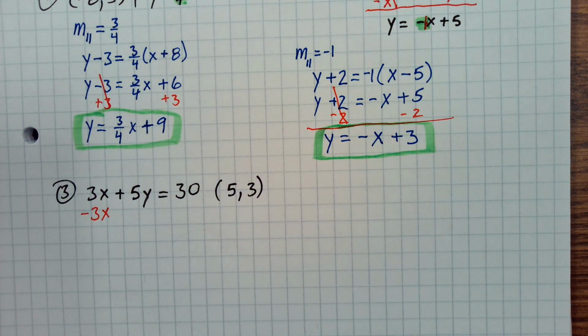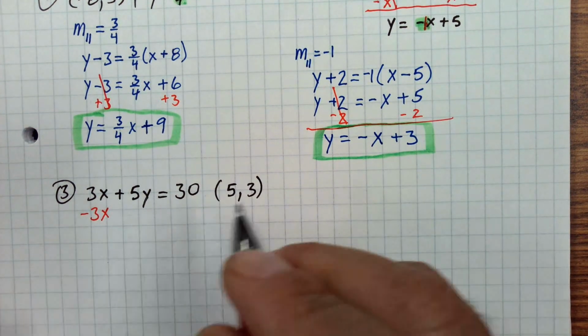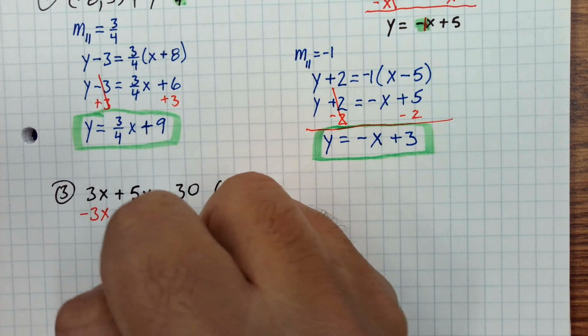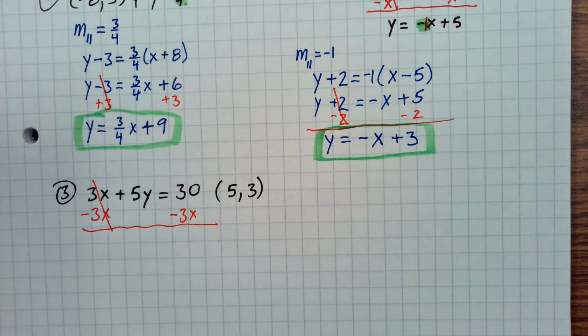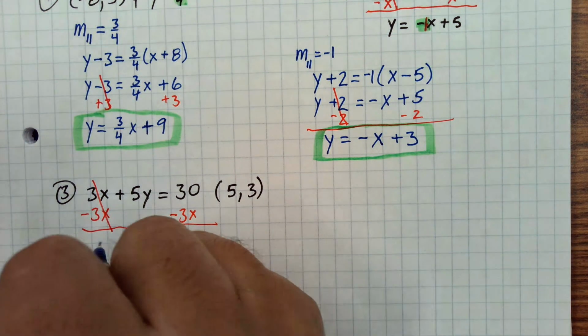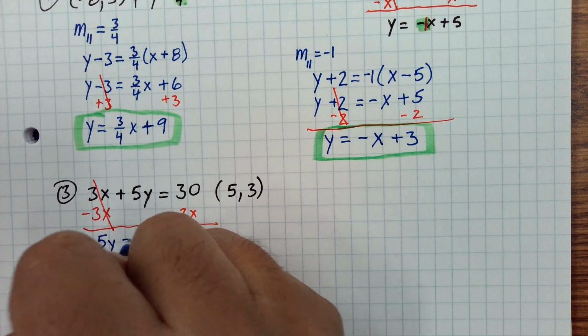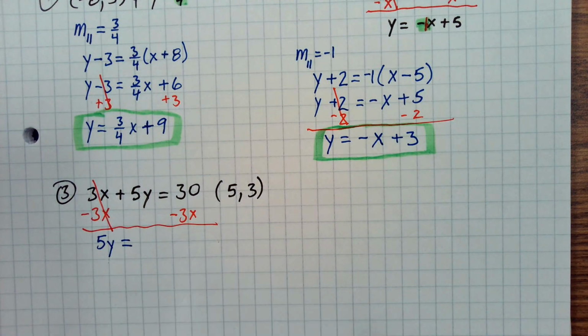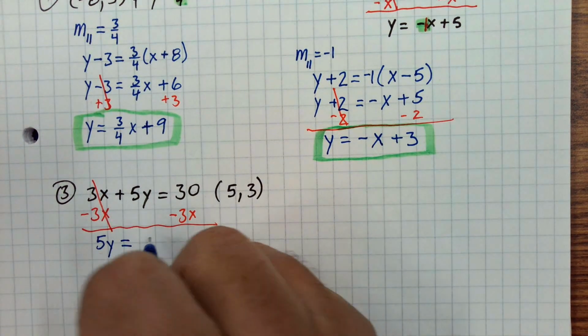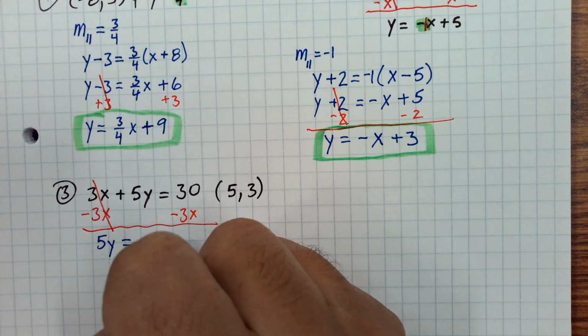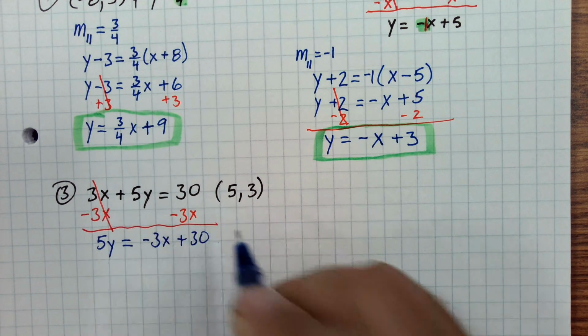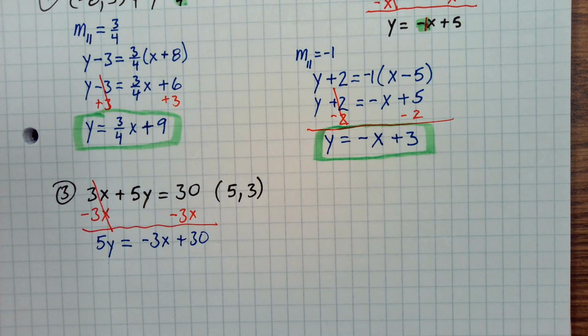First, we want to get rid of the x term, remember? You want to get rid of the x term completely, so I'll do minus 3x on both sides. And then just bring down 5y. On the other side, write down those two terms, negative 3x plus 30. So now I don't want the 5, I want y by itself.